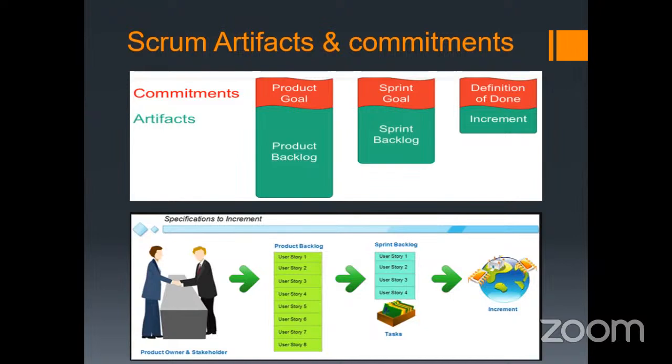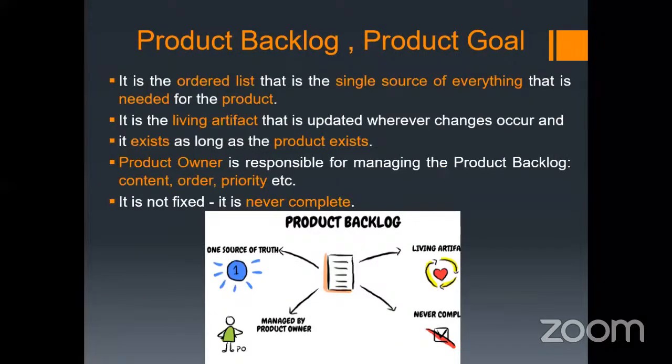As of now, we are discussing all the basic requirements of Scrum. Now here, I have given the details about the product backlog and product goals. What actually is the product backlog? It is the ordered list, the single source of everything that needs to be done for the product.